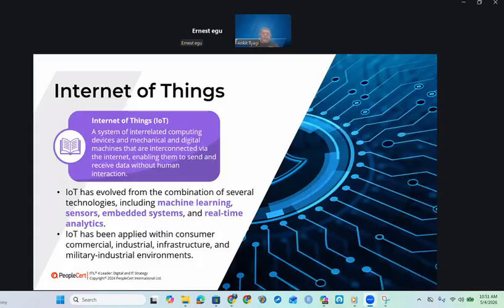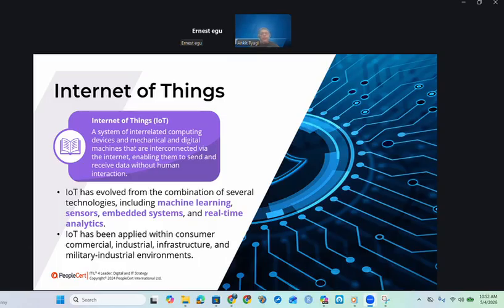The Internet of Things is a system of interrelated computing devices and mechanical and digital machines that are interconnected via the internet, enabling them to send and receive data without human interaction or with little human intervention. IoT has evolved from the combination of several technologies, including machine learning, sensors, embedded systems, and real-time analytics.